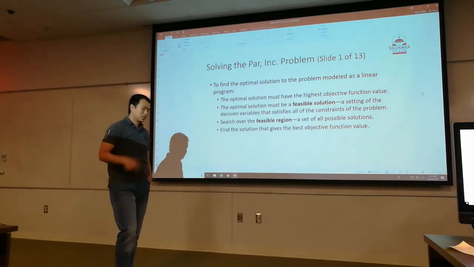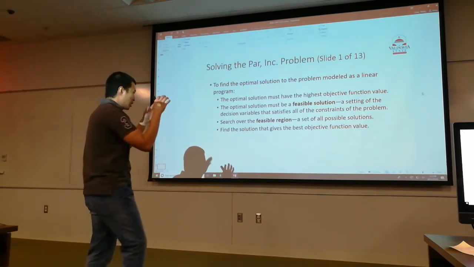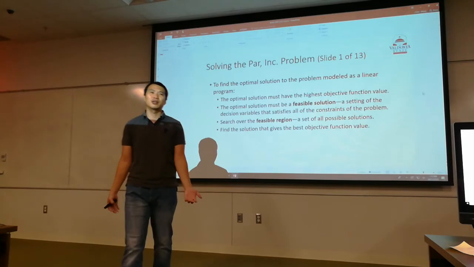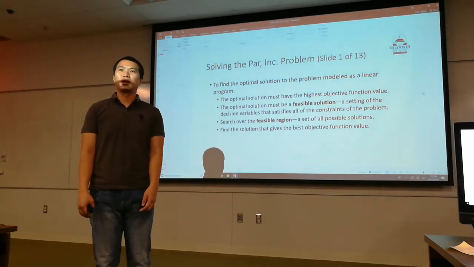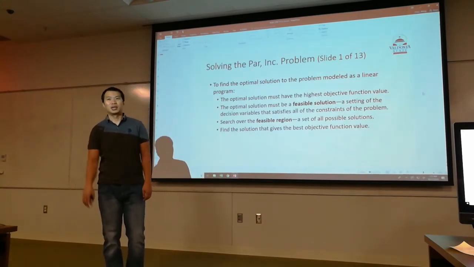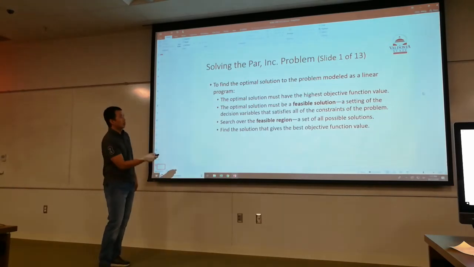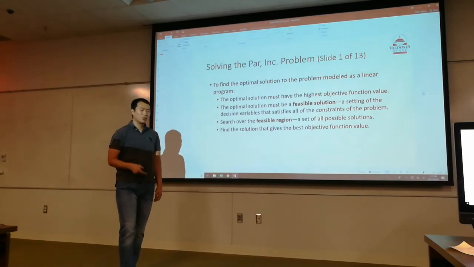Then how do we find the model solution? We have to define feasible solutions, because some solutions are solutions, but they are not feasible. For example, I want to produce 1 million standard bags and another 1 million deluxe. That's a solution, but it's not feasible to us. So we have to find the feasible solution, and we need to search over the feasible region.